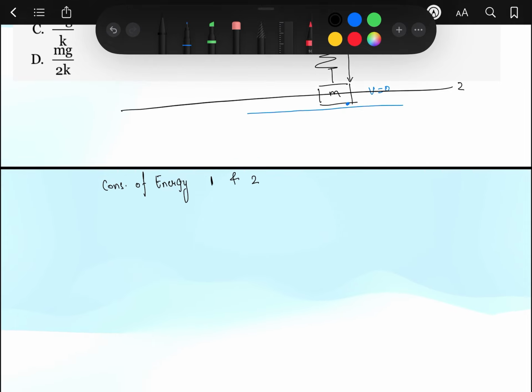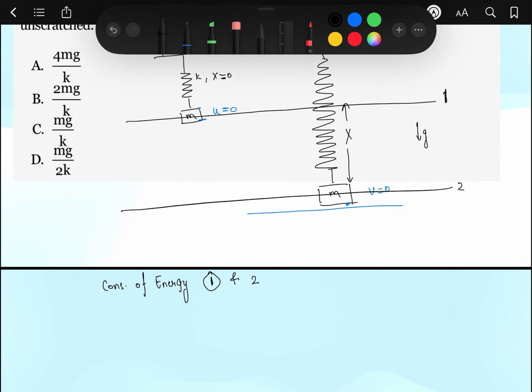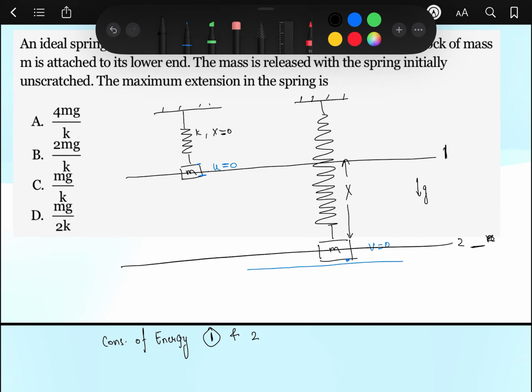So at level 1, what is the total energy in the system? Let me take level 1 as the reference point for the potential energy, the reference level.